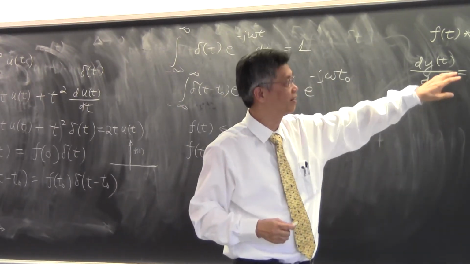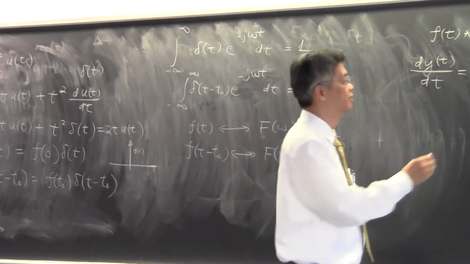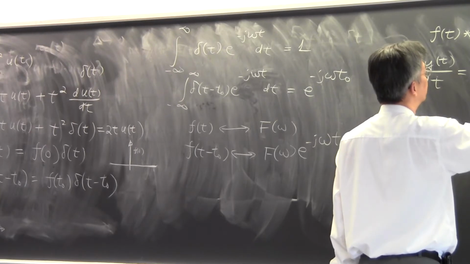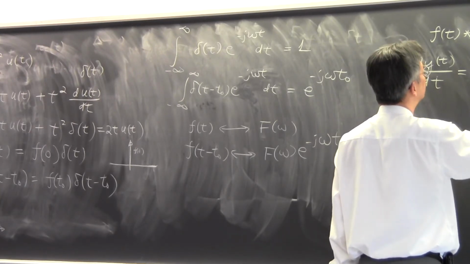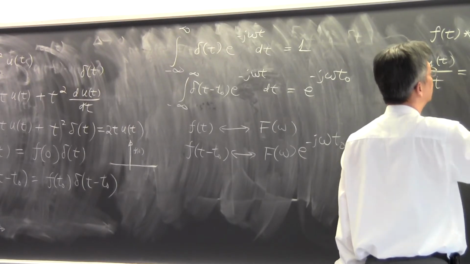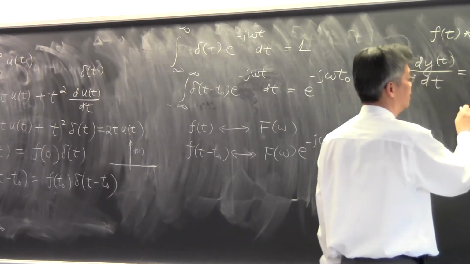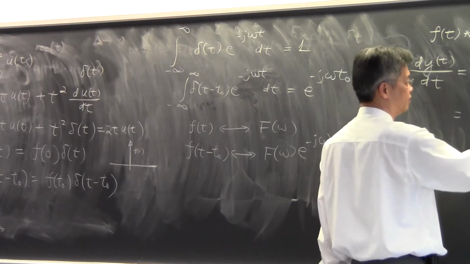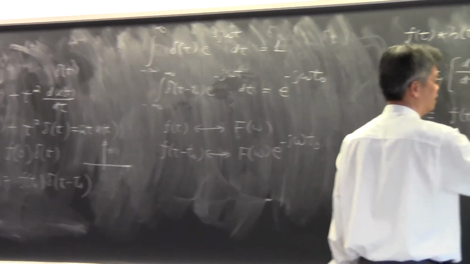How can I evaluate this? I can differentiate one of them, convolving with h of t, and then I can choose not to differentiate the first one, but differentiate the second one.